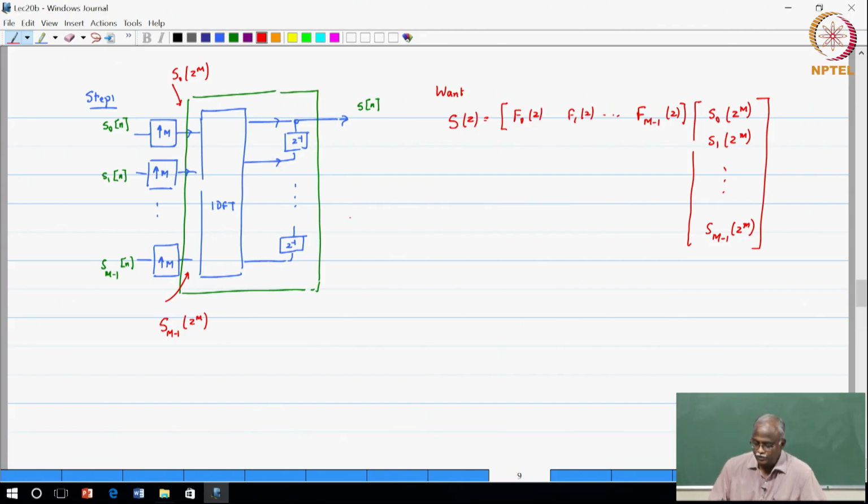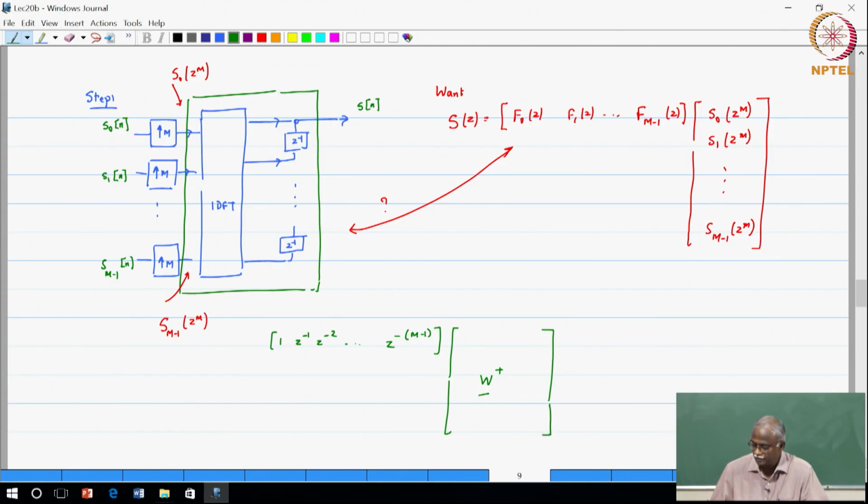I just need to see whether these two are linked, and it is easy for us to do because the summation happens through a delay chain. So, that can be captured in the following form: 1, Z inverse, Z minus 2, Z minus m minus 1, followed by the IDFT matrix, which I will denote as W star, W dagger. So, this is what is there in the figure. I have not done anything else.